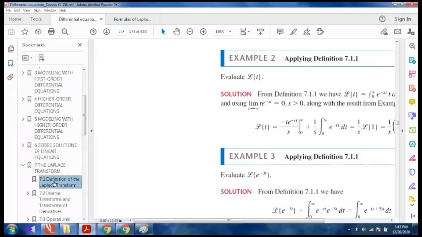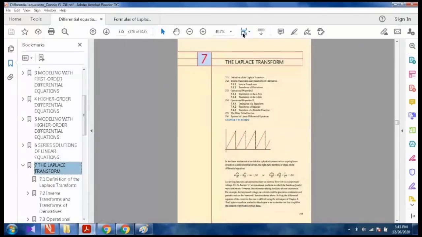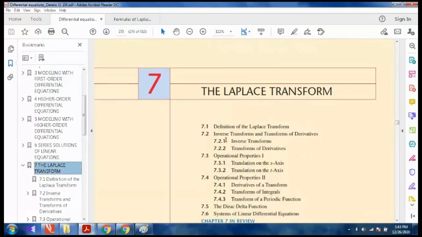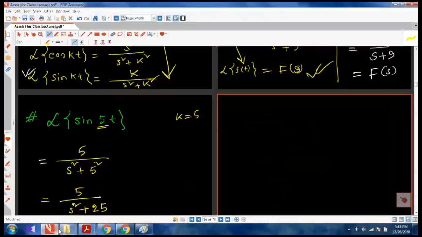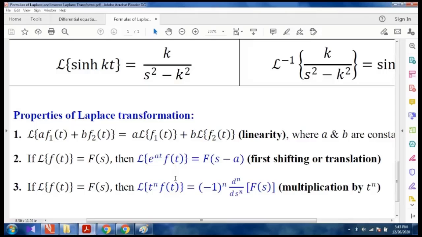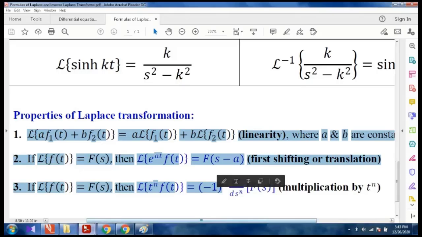If you have a look at the contents here, you can see operational properties 1, operational properties 2. So these properties are given in short here. So you can go through the book for the properties, or you can note them down from here also.